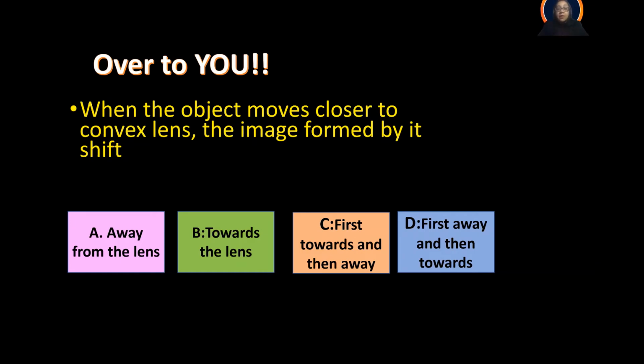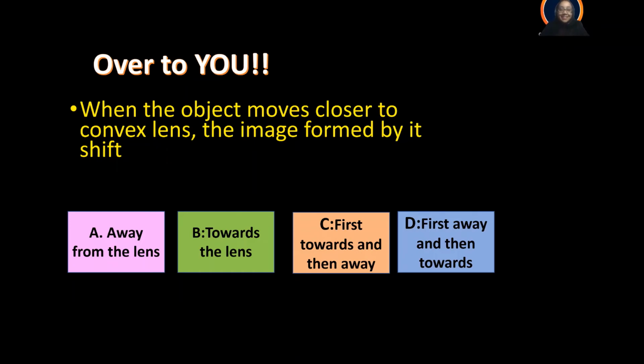The image is moving away from the lens, or the image is moving towards the lens. Whether the image is first moving towards and then away from the lens, or it is first moving away from the lens and then moving towards the lens. Which is the correct answer? Write down the answer in the chat. If you have remembered our ray diagram, I'm sure you'll be able to answer it correctly.